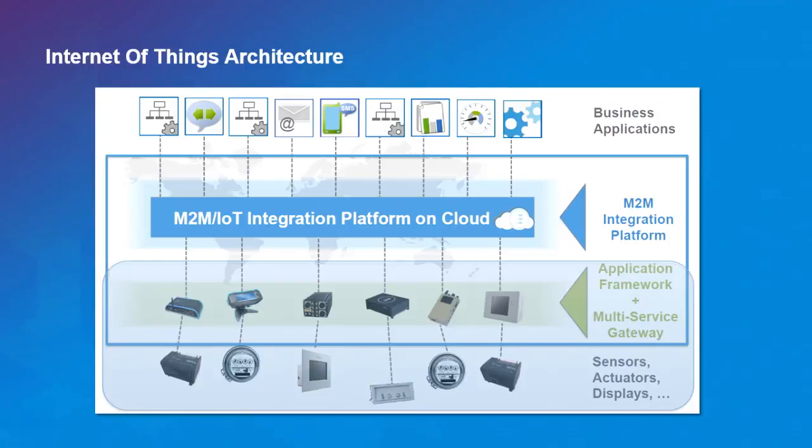Then we have the application framework and the service gateways. Their functions are to manage the devices and software that's running at the edge, and then also communicate with the cloud. Both of these layers typically run on the IoT devices. And then the IoT integration platform on cloud functions as a central collection and dissemination point of IoT data.